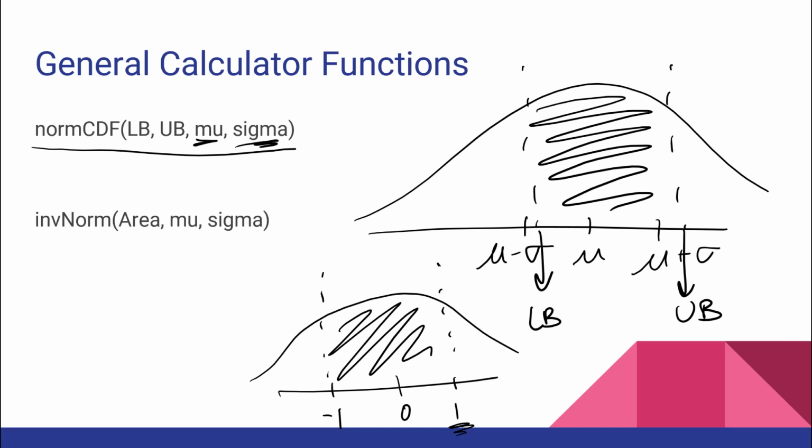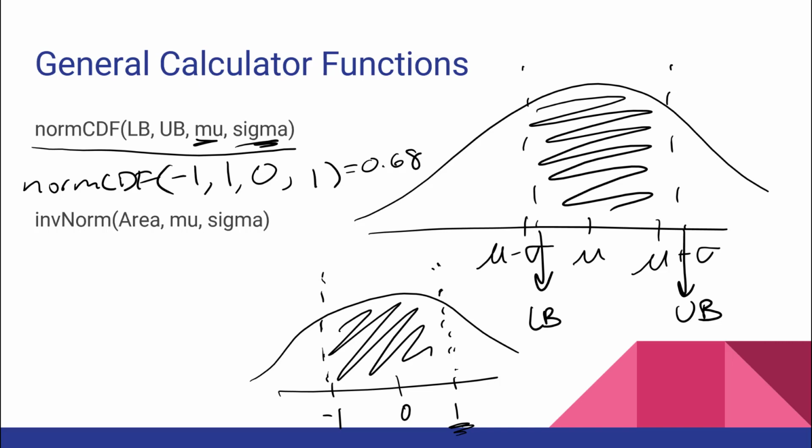What we put into our calculator would be norm CDF with a lower bound of -1, an upper bound of 1, the mu or the mean of the model is 0, and the sigma or standard deviation is 1. And then what it should give back is 0.68, because 68% of the data is within -1 and 1.